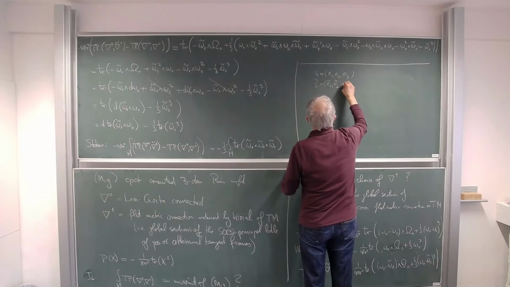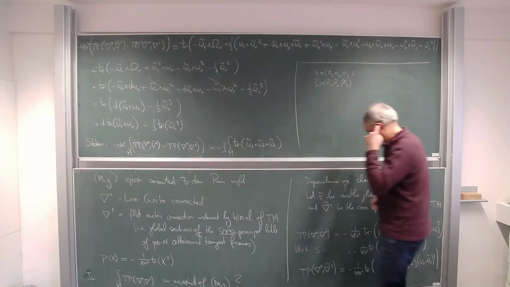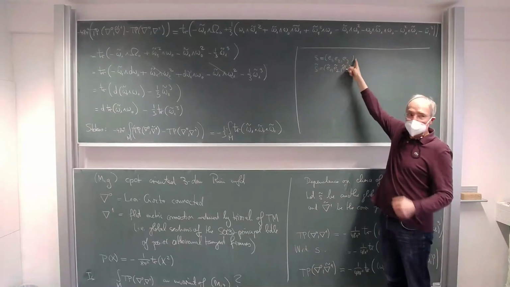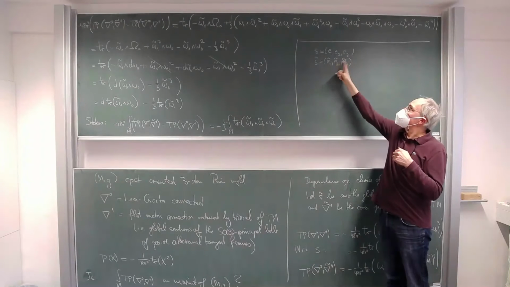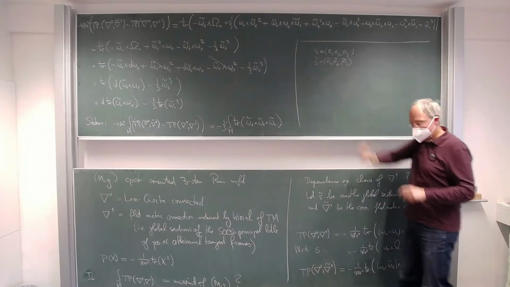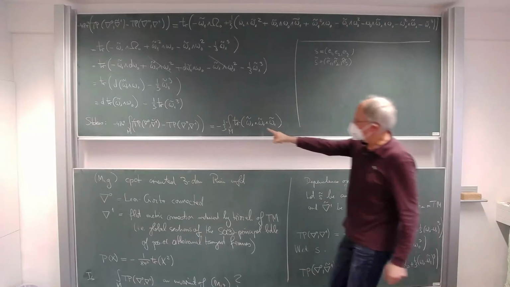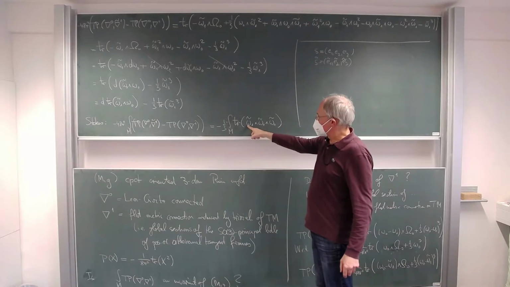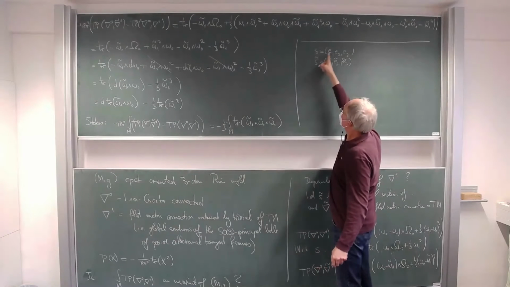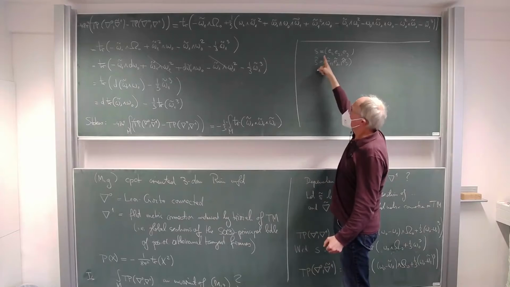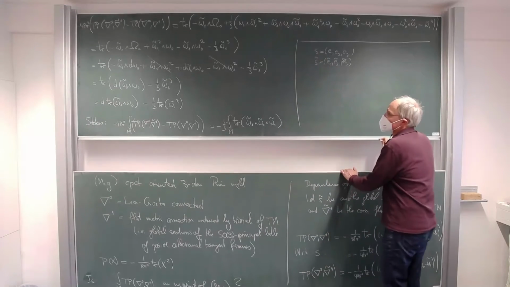These are three different vector fields. These guys are parallel with respect to nabla 1, and these are parallel with respect to nabla tilde 1. And what this matrix here contains is the derivatives of these frame fields with respect to nabla tilde.